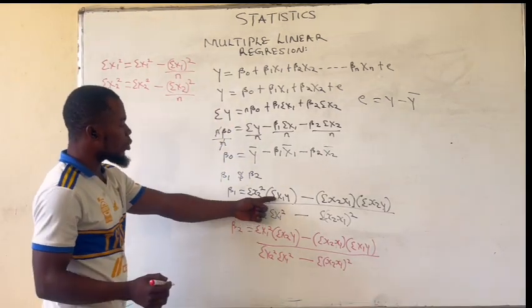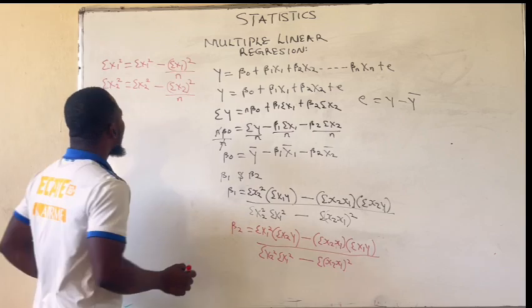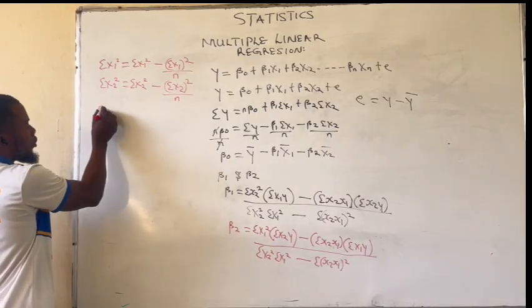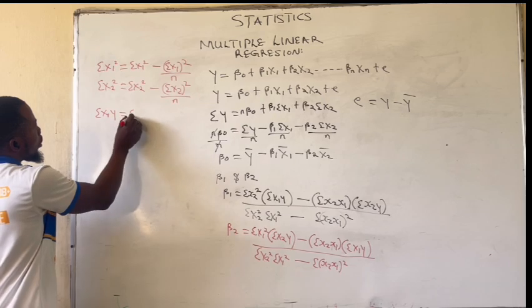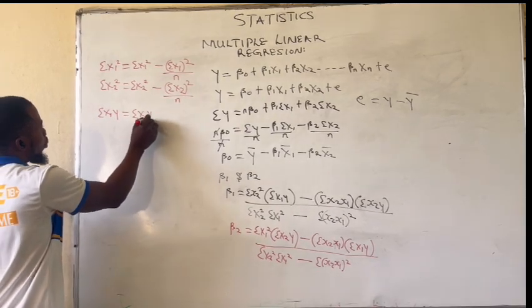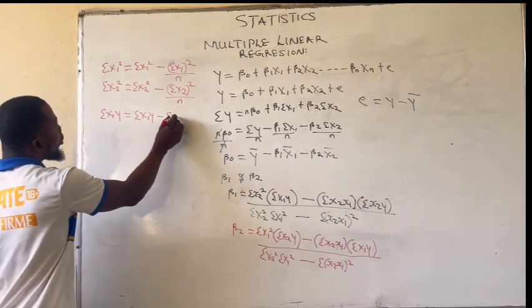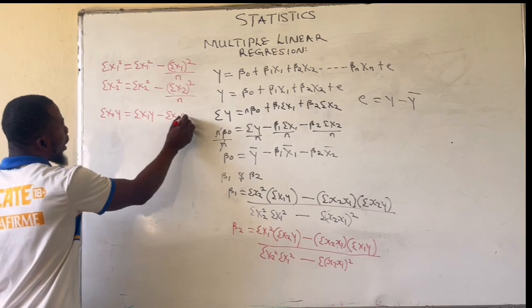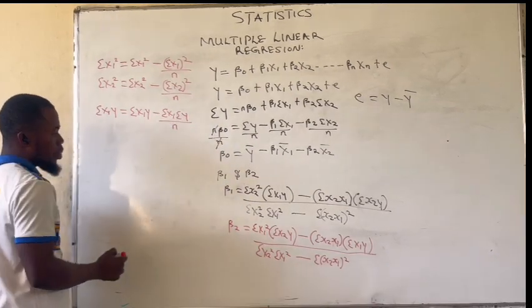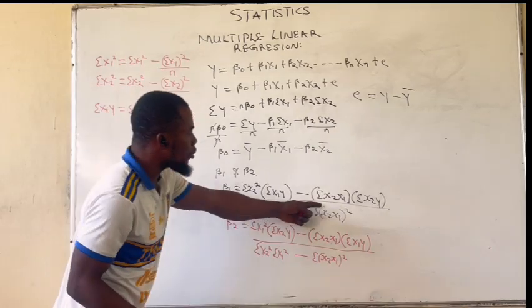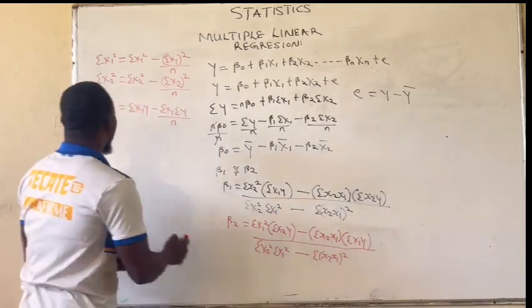We need summation of x1y. So summation of x1y will now be equals to summation of x1y minus summation of x1 multiplied by summation of y all divided by n. We still need summation of x2y.